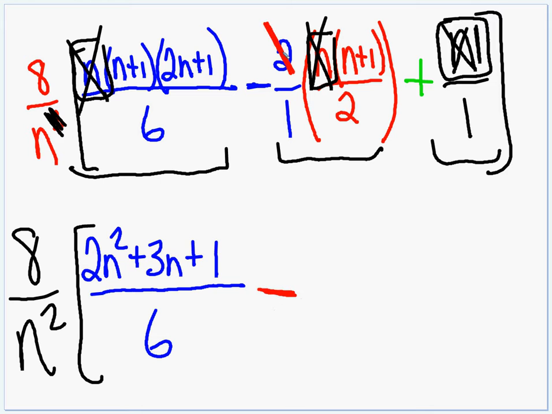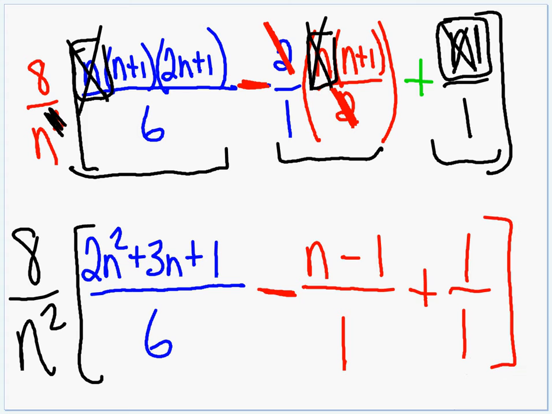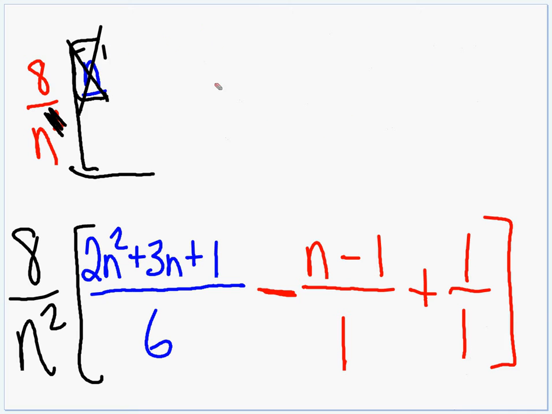On the diagonals here, we can cancel the 2's. Now mind, we have a negative here, so we would distribute that negative. So minus n minus 1, and that is all over 1. What's next? Plus 1 over 1.